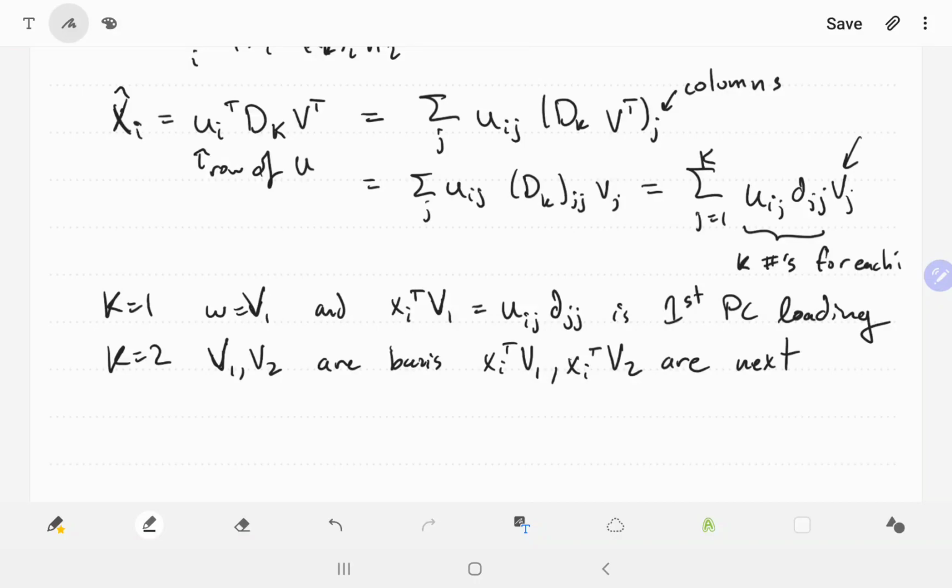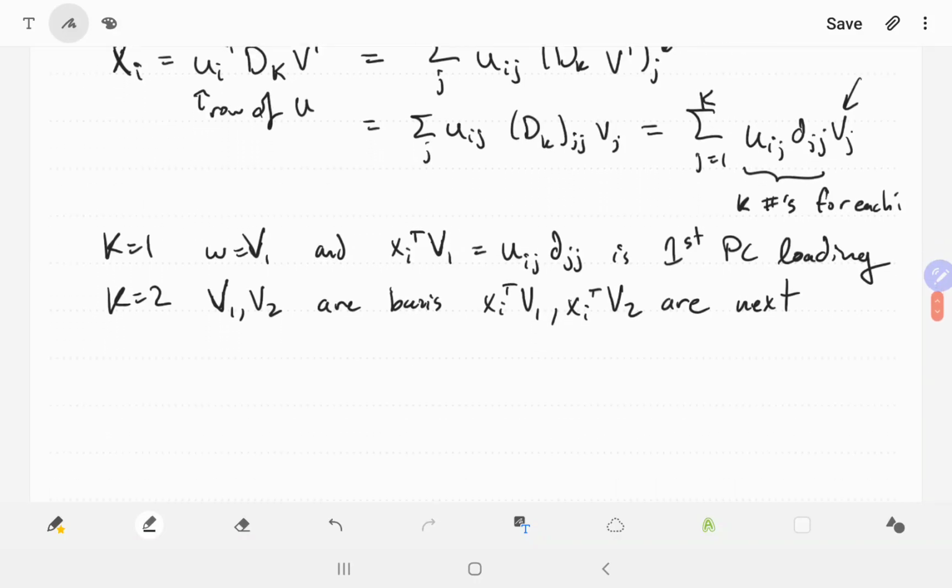Typically we think of the principal component loadings as being these x_i transpose v_j, and then the reconstruction as being this x hat i.